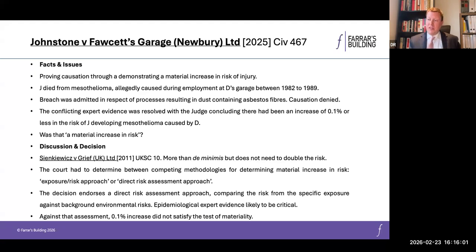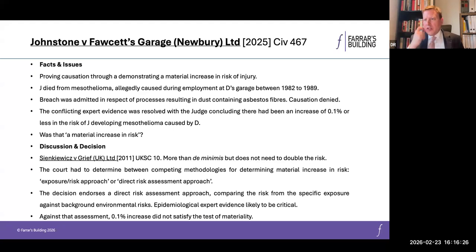And that's the material increase in risk exception to the usual causation rule. And that's the exception that Johnstone and Fawcett's Garage focused upon. In particular, it focused upon the permissible methods of measuring materiality of an increase in risk. What does a material increase mean?